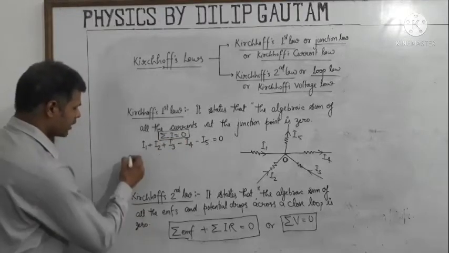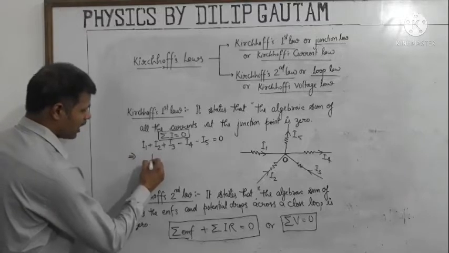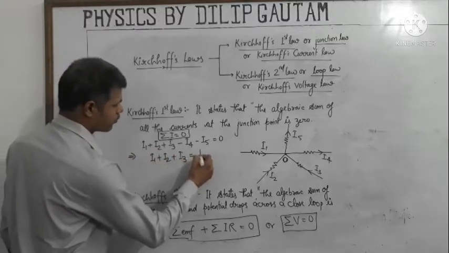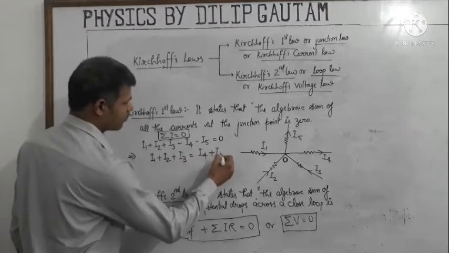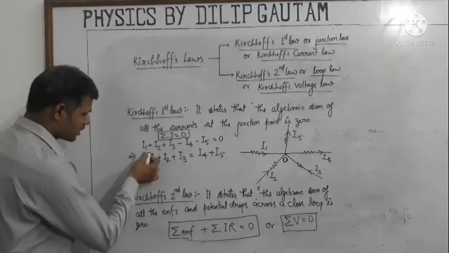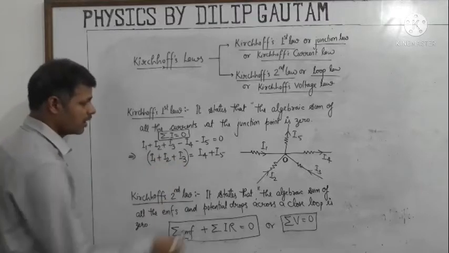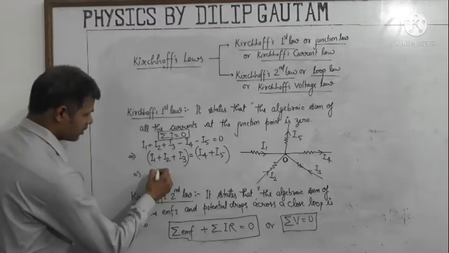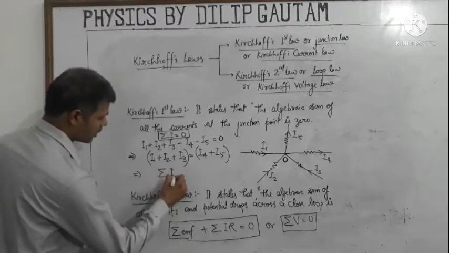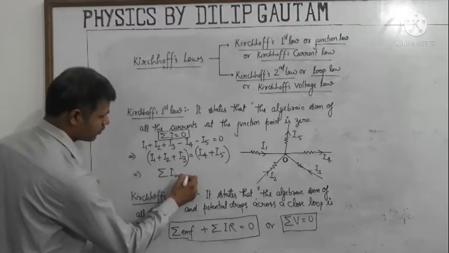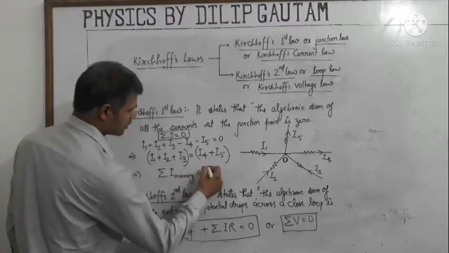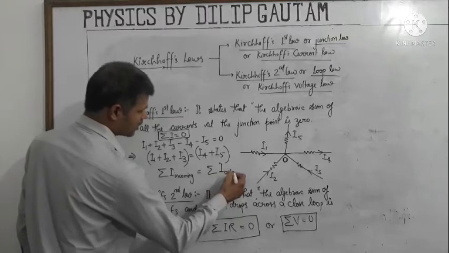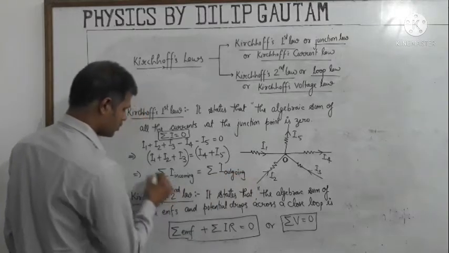Alternately, we can also write it as I1 plus I2 plus I3 equals I4 plus I5. These are the currents approaching the junction and these are the currents leaving away from the junction. So we can write it as the sum of all the currents coming towards the junction, incoming, equals the sum of the currents leaving away from the junction, outgoing.